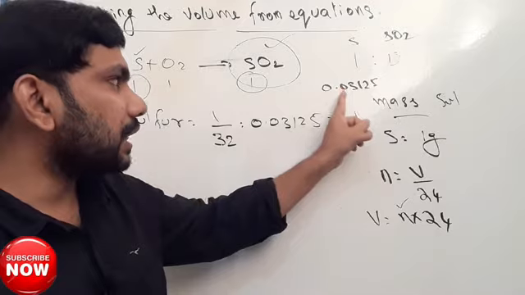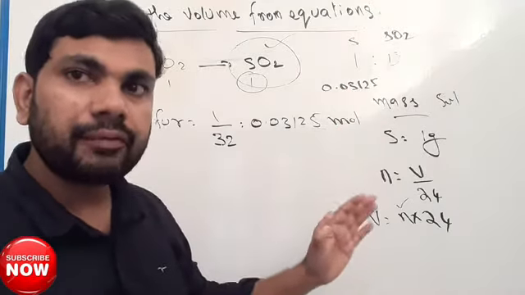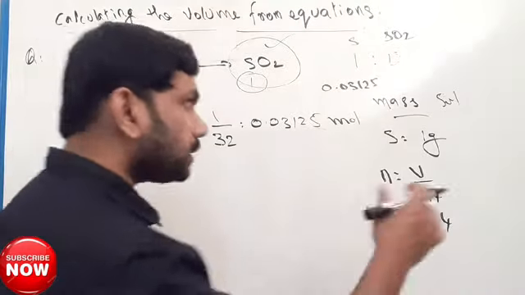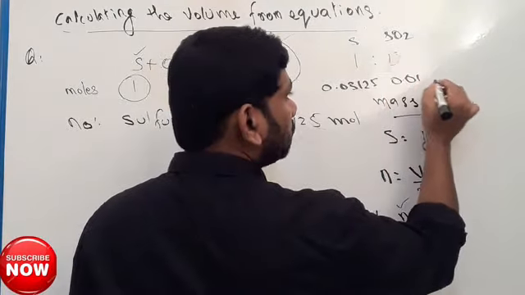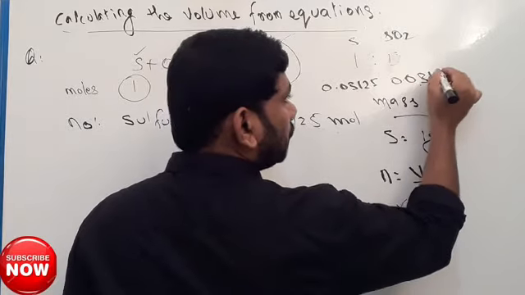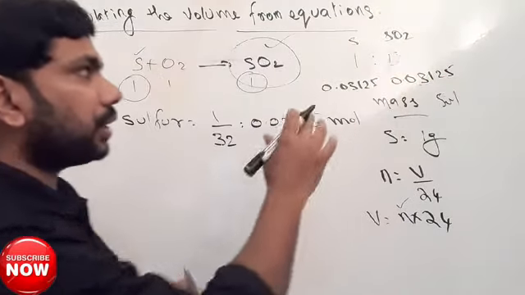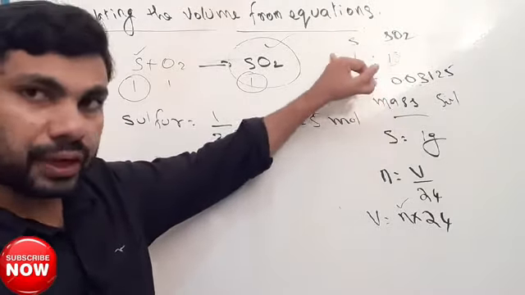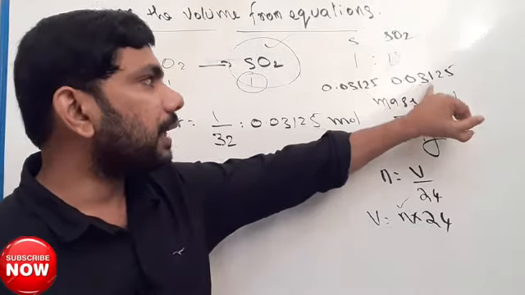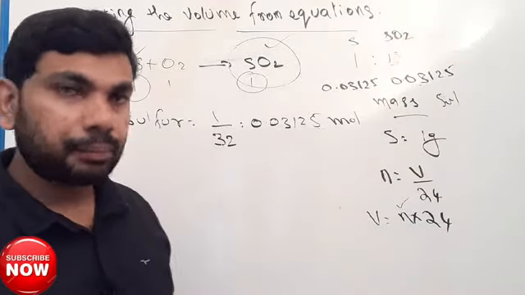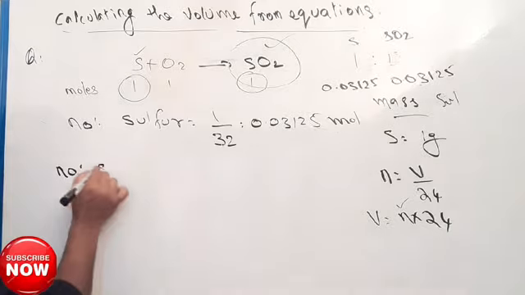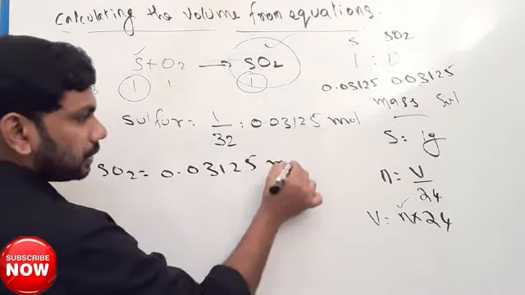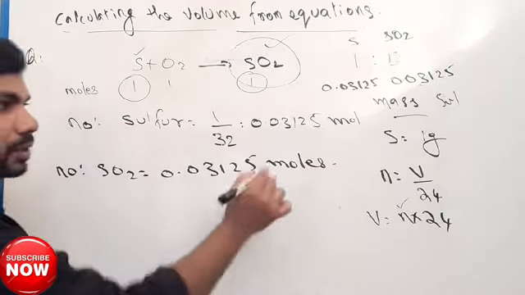So 0.03125 moles of sulfur give the same, 0.03125 moles of sulfur dioxide. Clear? So the number of moles of sulfur dioxide is 0.03125 moles.